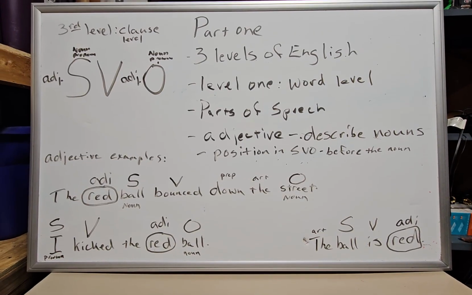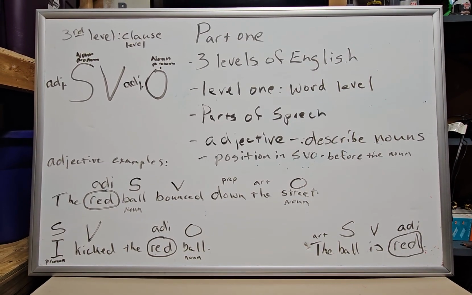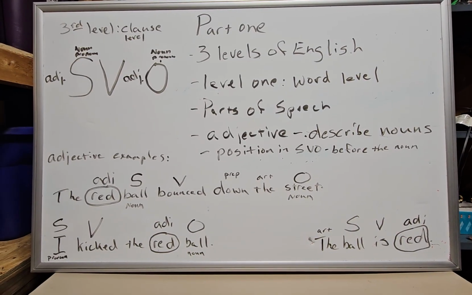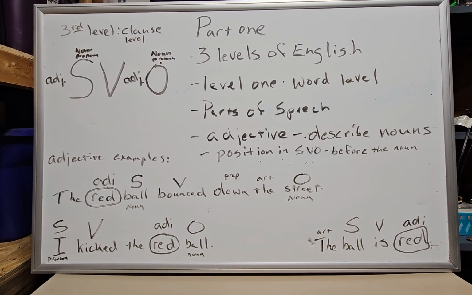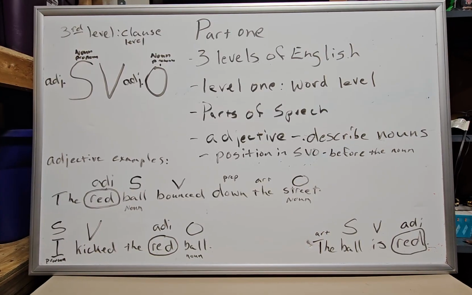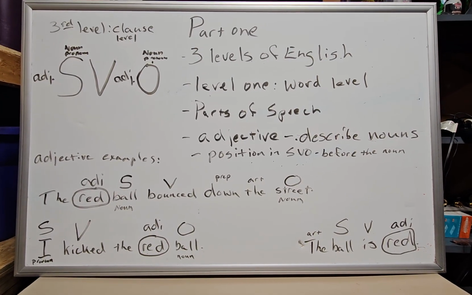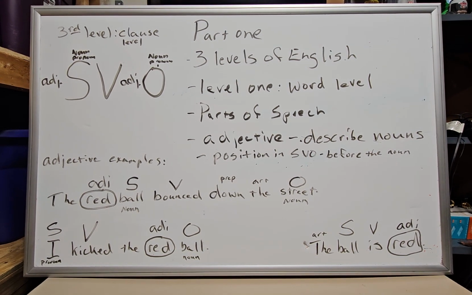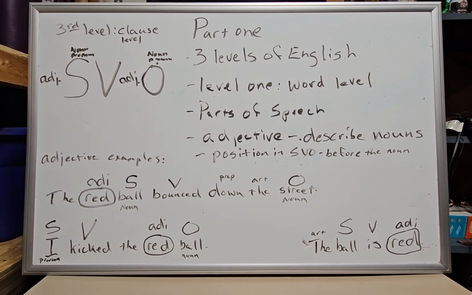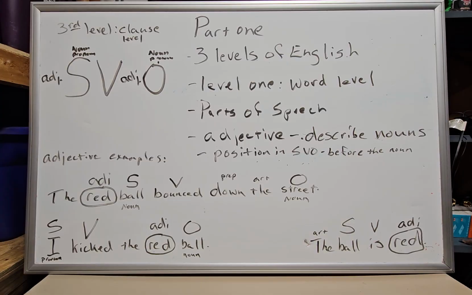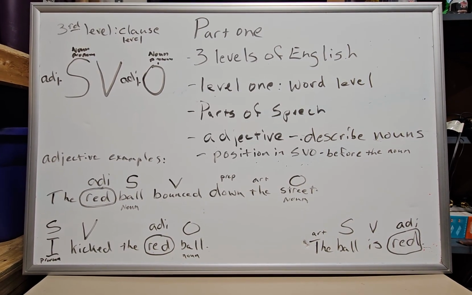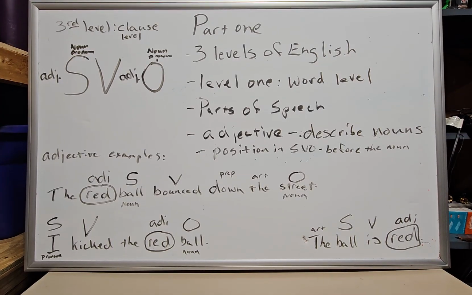We see in the subject position the first noun is ball. We look then for the verb, which is a state of being verb. This does not show action. This shows a state of being. We look for the O, and the last word is red.